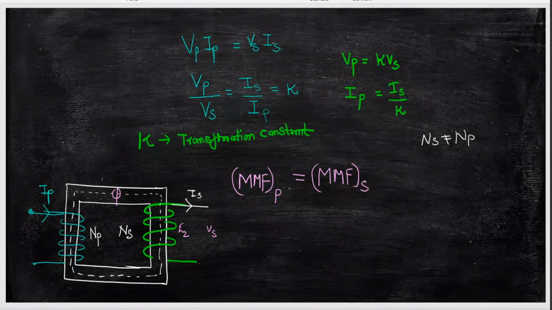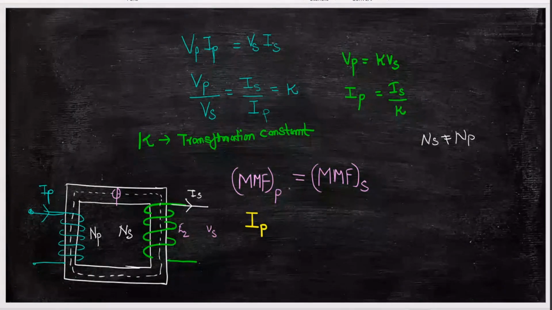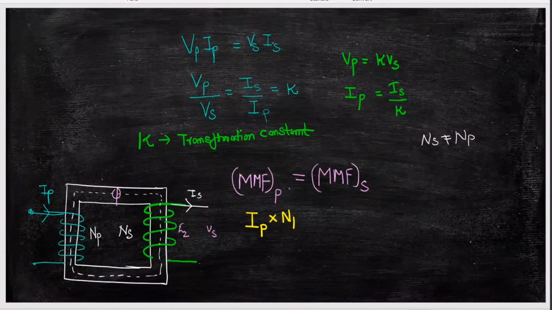What is the formula for the MMF produced on the primary side? It is the current flowing in these turns, that is IP, into the number of turns, NP. Similarly, the MMF produced on the secondary side is the current flowing in the N2 turns, IS, into the number of turns NS.